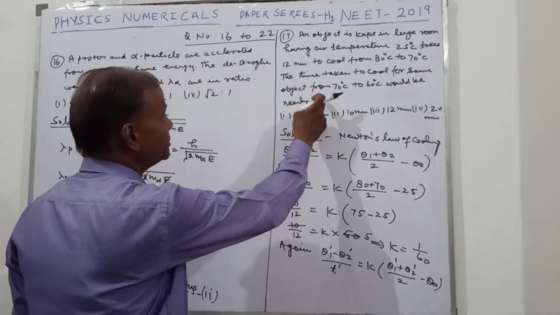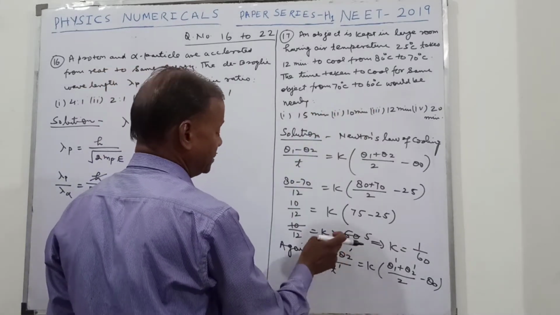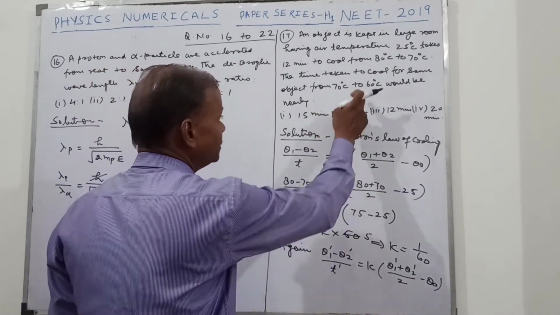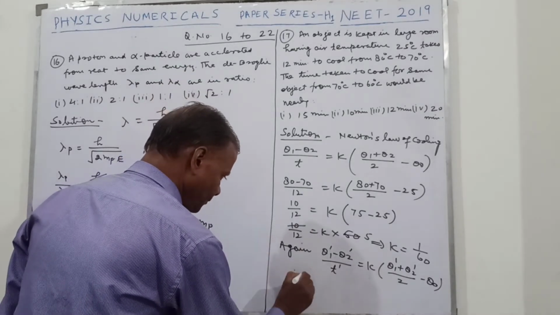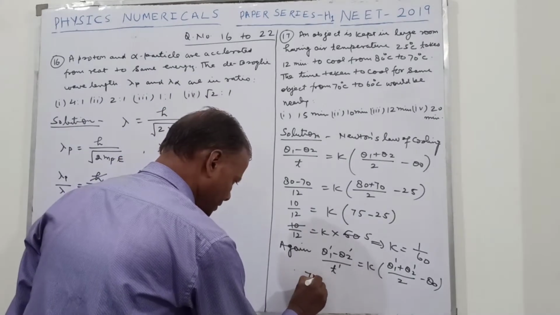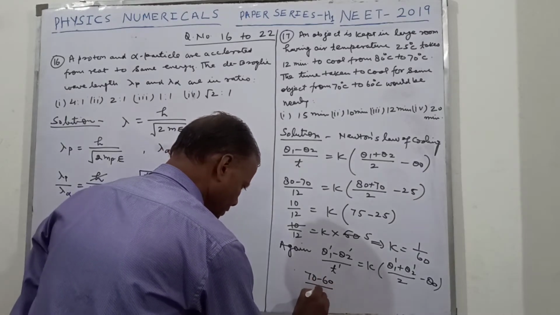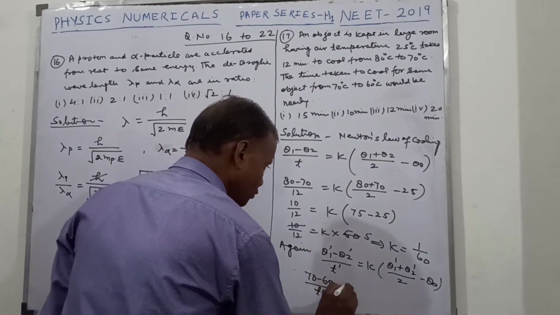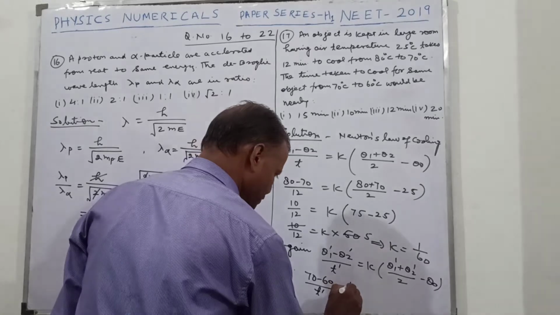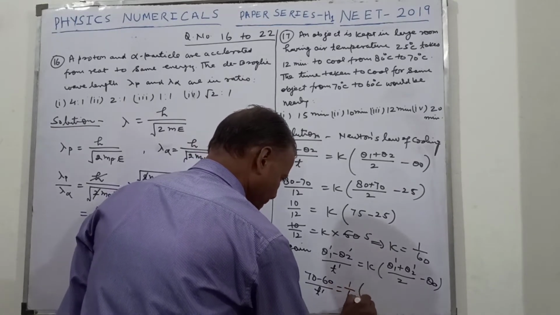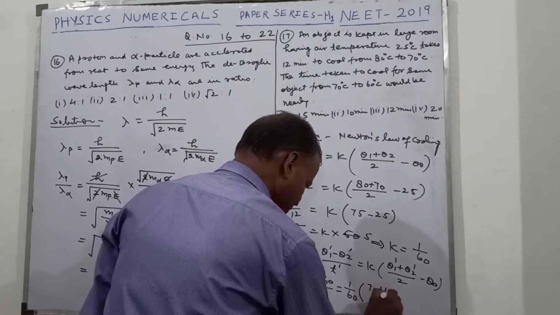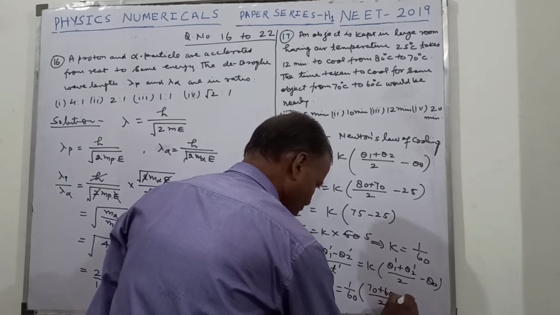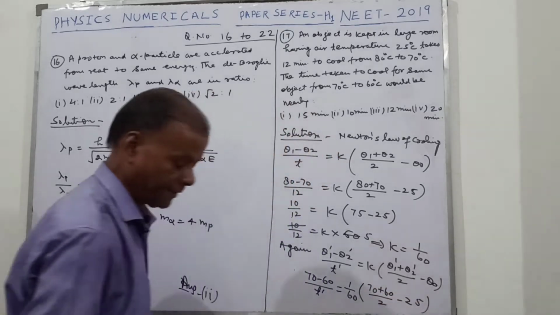Now theta 1 is 70 and theta 2 is 60 degrees Celsius. So now we do it. This is 70 minus 60 upon t dash equal to K, where K is equal to 1 upon 60, into (70 plus 60) upon 2 minus 25.